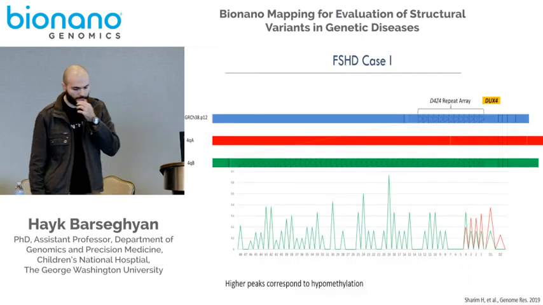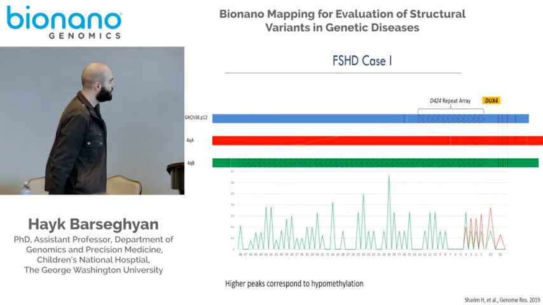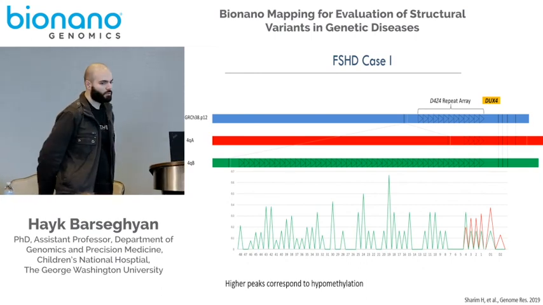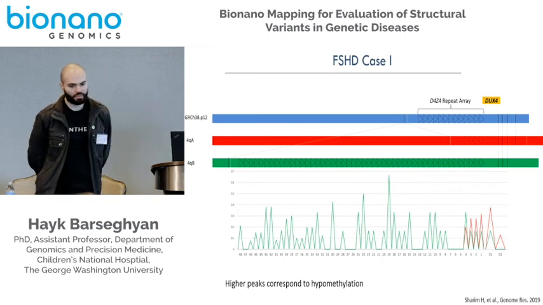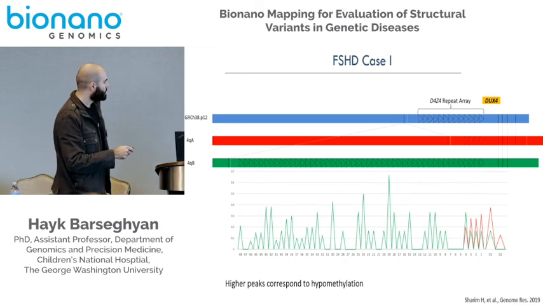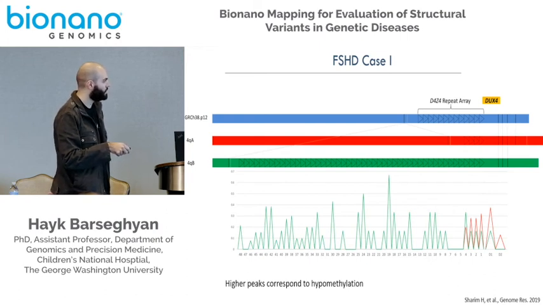So as a trial run, we ran siblings, one case, case number 1, that was affected with this disease. We found that this case had 4 repeats in the area, on a 4qA allele, which is the permissive allele, and the second allele did not have that. We plotted the amount of hypomethylation that we see here.